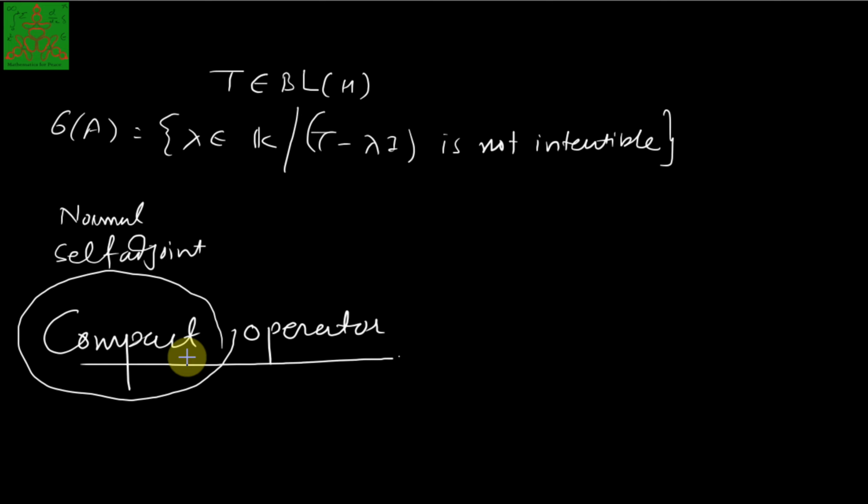Sequentially compact we defined as every sequence has a convergent subsequence. Based on that definition, we have generalized the definition of a compact operator. So let us discuss the definition of a compact operator.